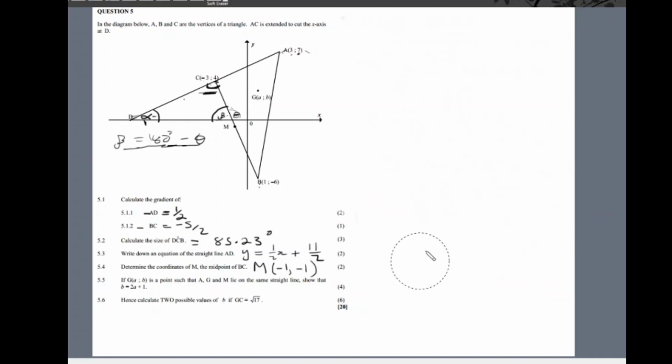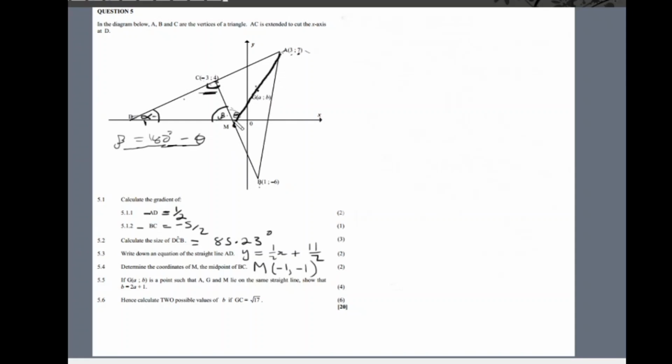Okay, so 5.5. If G is a point such that A, G, M lie on the same straight line, show that B is equal to 2A plus 1, right? So if A, G, and M lie on the same straight line, we'll have a straight line connecting these points, right?